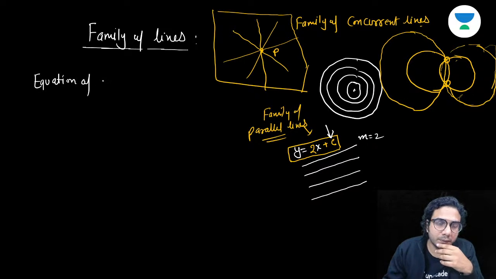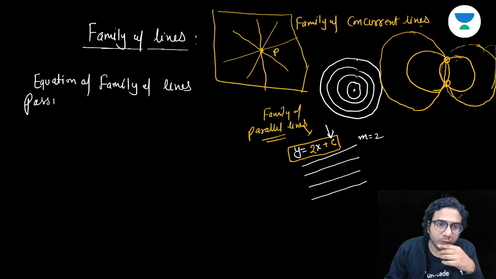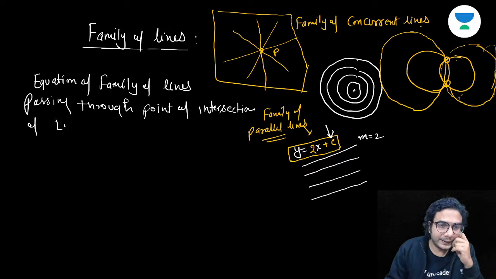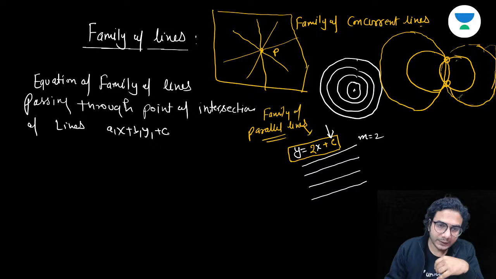Equation of a family of lines passing through the point of intersection of lines a1x plus b1y plus c1 is equal to 0, say this is line L1, and the second line L2, a2x plus b2y plus c2 is equal to 0.